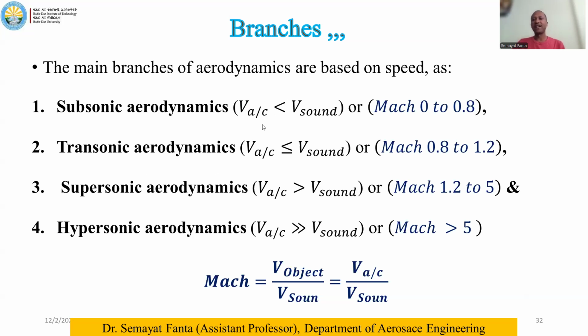If the aircraft speed is less than the speed of sound, we call it subsonic, for example 0 to Mach 0.8. After Mach 0.8 to 1.2, we call it transonic, the transition from subsonic to supersonic. We call it the transonic region.